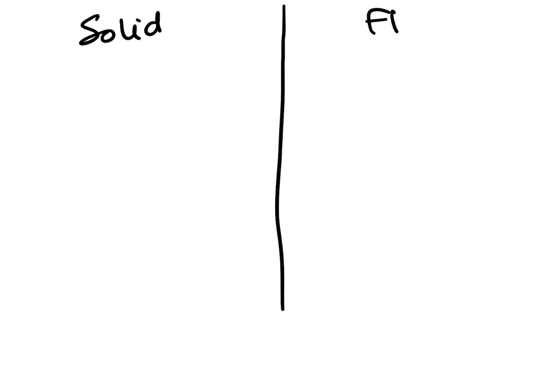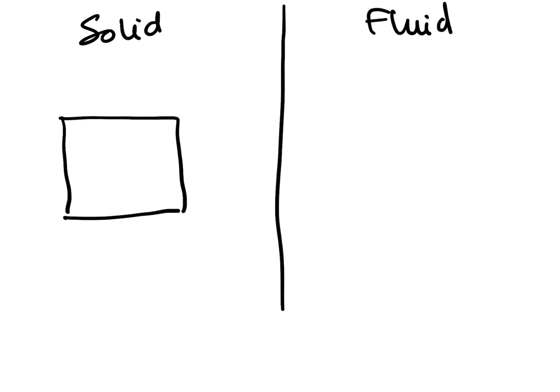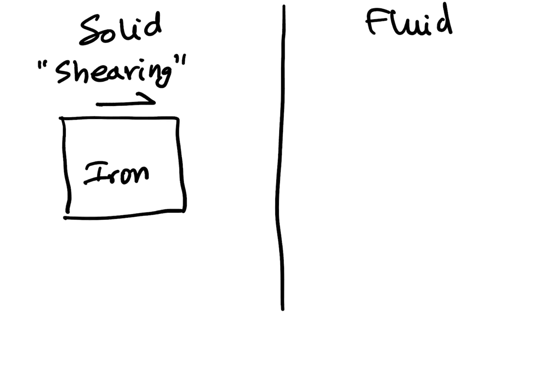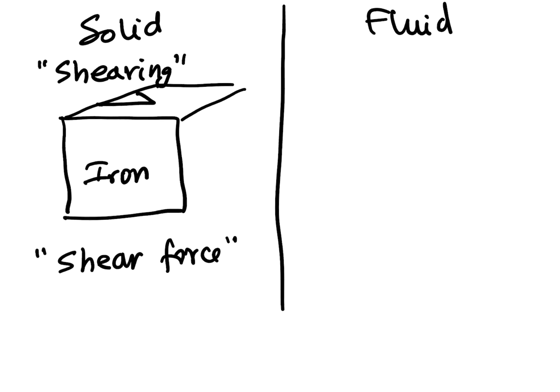Now there is also another property of them that distinguishes them, which is solid and fluid. Like if you think of an experiment where you have a block of iron, okay, you put your hand, let's say you put your hand in here and try to move the top surface of the iron. We call this action shearing, and the force we apply is called shear force. Okay, and if you think of the iron's top surface, you are applying a force that is distributed over a certain area.